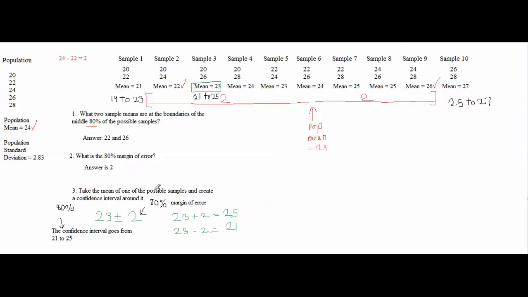So if you want to create an 80% confidence interval by adding and subtracting the 80% margin of error, it'll only include the population mean if you use one from the center 80%, and it won't include the population mean if you use a sample outside of the middle 80%. So think of it this way. You add and subtract the 80% margin of error, you get an 80% confidence interval, and that confidence interval will only include the population mean if the sample came from the middle 80%.